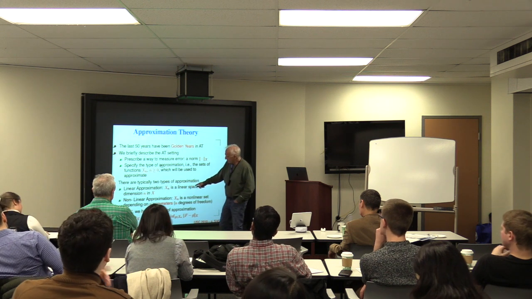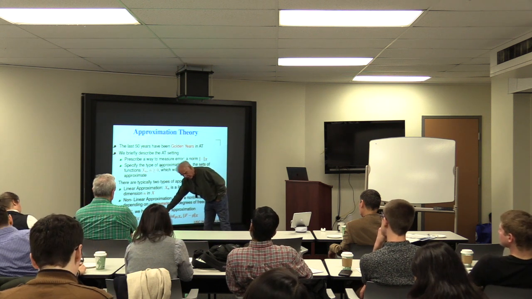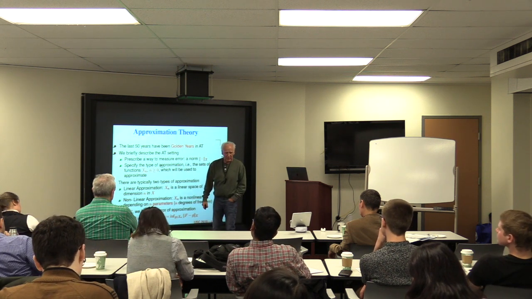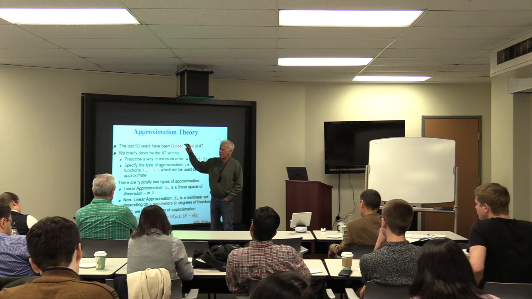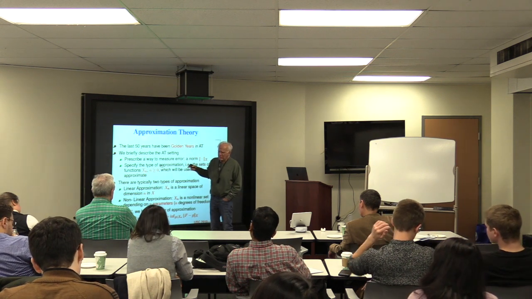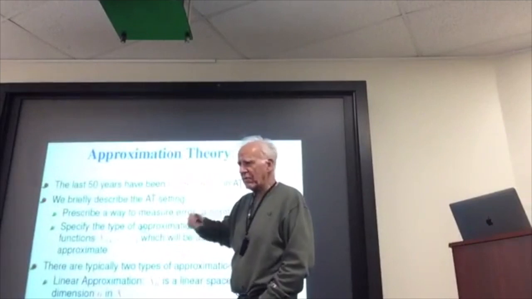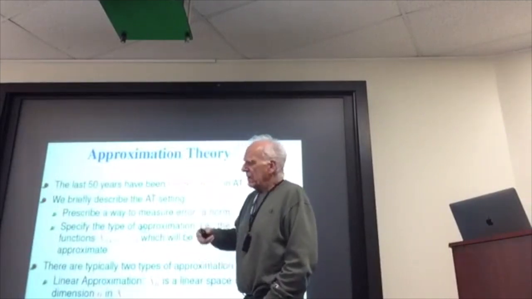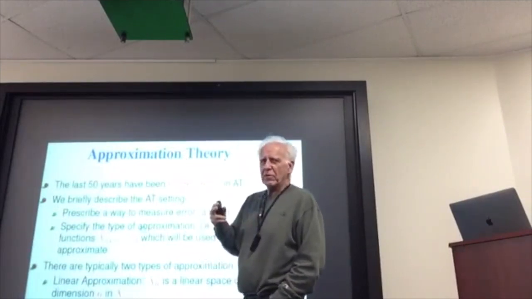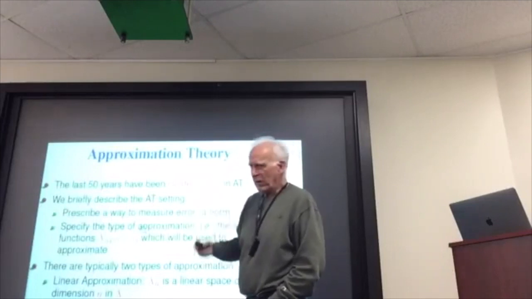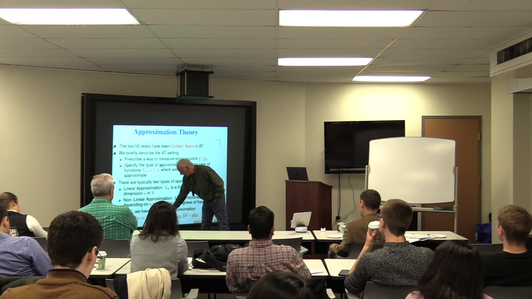So given f, and given the method we're going to use to approximate it, I denote that by Xn, and you can think of Xn as a linear space, like polynomials of some degree, so that the dimension of the space is n. In actuality, we'll be interested in more general ways of approximating than linear spaces.